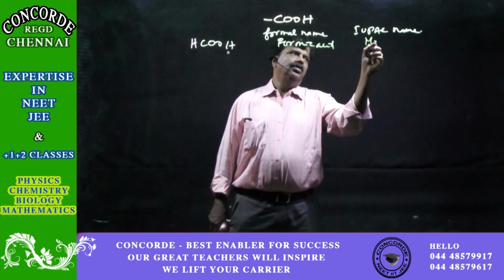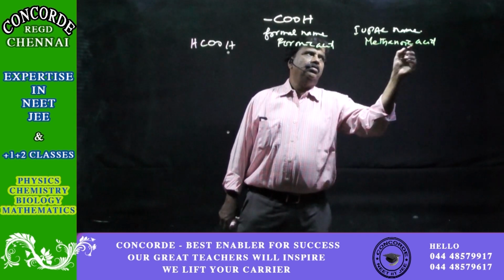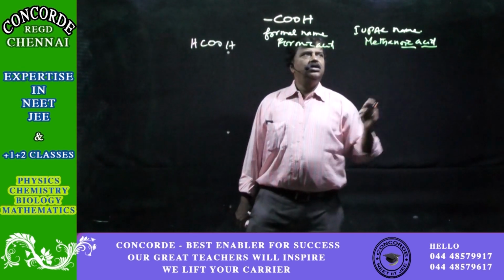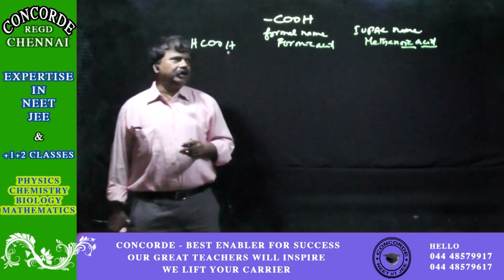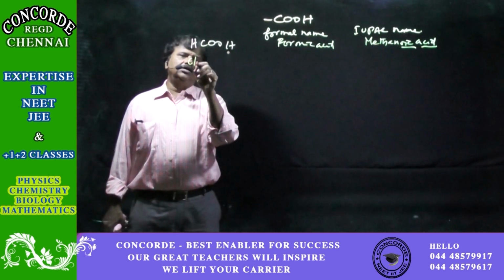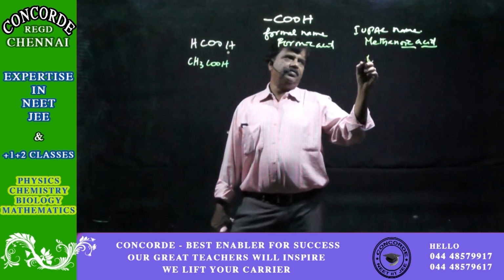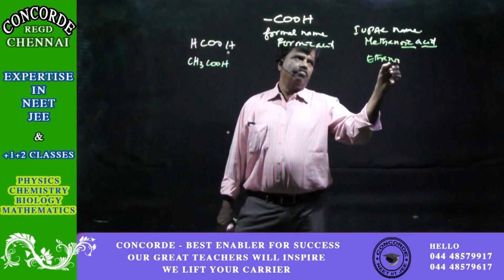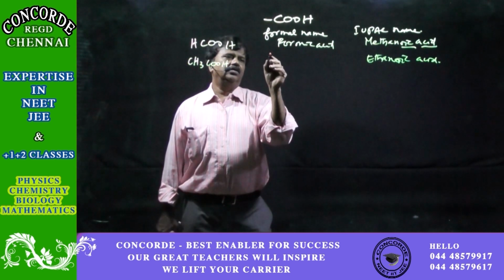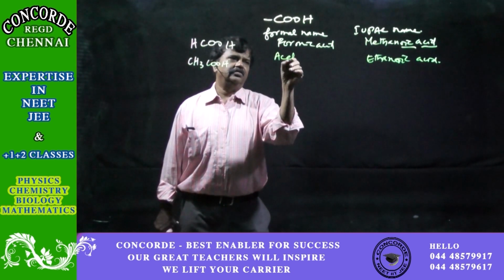All the carboxylic acids have the IUPAC name ending as oic acid, and depending upon the number of carbons, it will be meth, eth, like that. So here there are 2 carbons, so this is ethanoic acid. And this is formic acid, and then acetic acid.